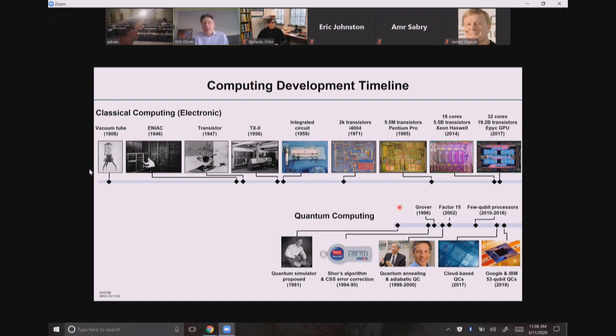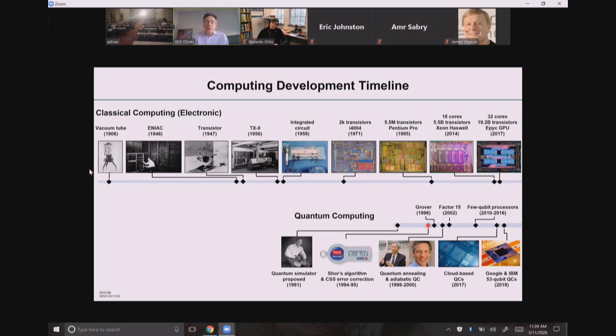Theorists thought about it. 15 years later, 20 years later, we started to see the first algorithms, notably Shor's algorithm for cryptanalysis of RSA, the first error correcting codes for a quantum computer, quantum annealing, adiabatic quantum computing, Grover's search algorithm, et cetera. Those were theoretical ideas.